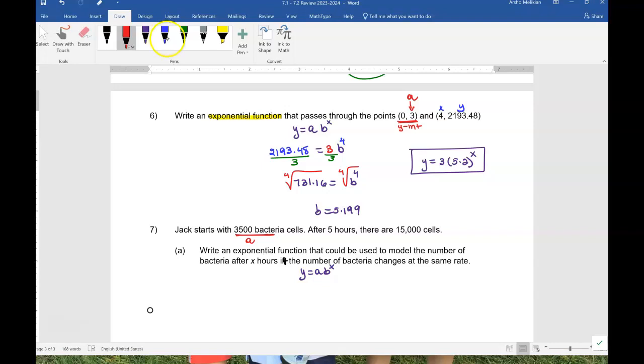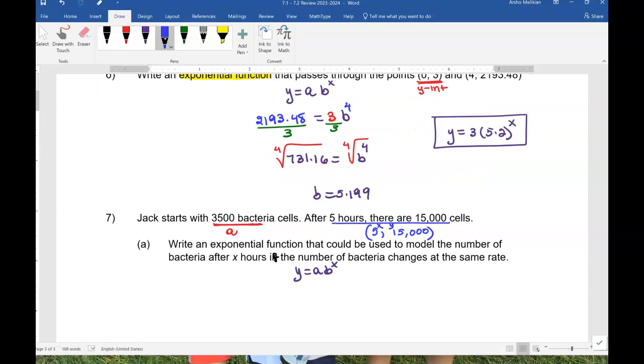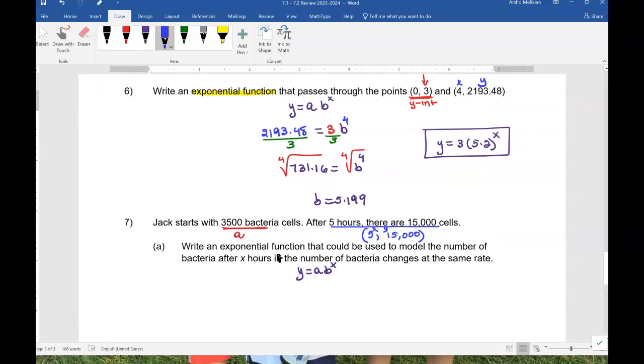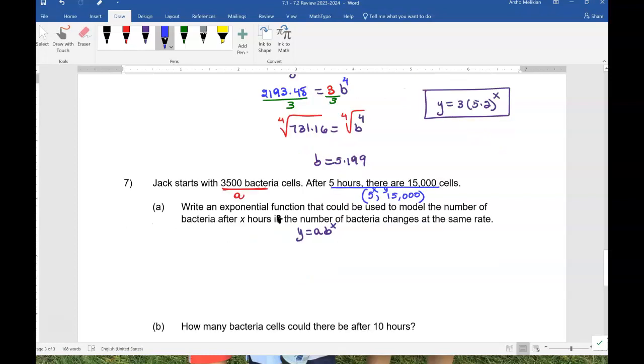So here, this other value, 5 hours later, there are 15,000 cells. That's 5 comma 15,000. That is your x and y. Okay? So in any problem where you have to write an exponential function, you have to search for the initial value a and then another x comma y. We'll never get b though.